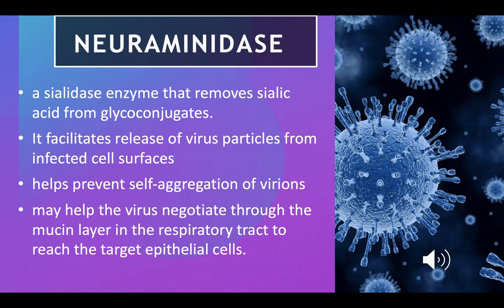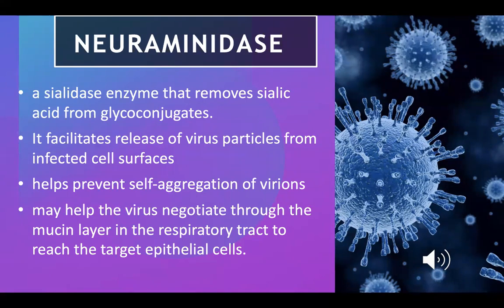Okay, so what else? It is also possible that neuraminidase can help the virus negotiate through the mucin layer in the respiratory tract. So it makes it easier for the virions to attack the cells in the respiratory tract because it will allow the viruses to travel through the mucin layer and reach their target epithelial cells.